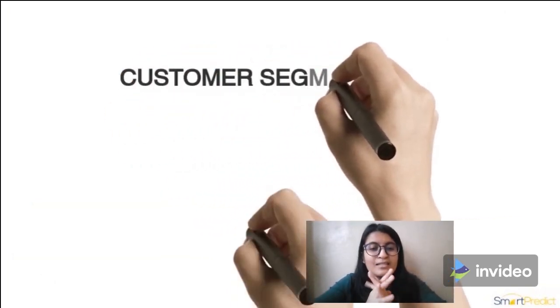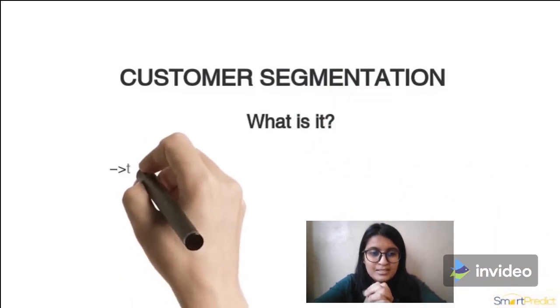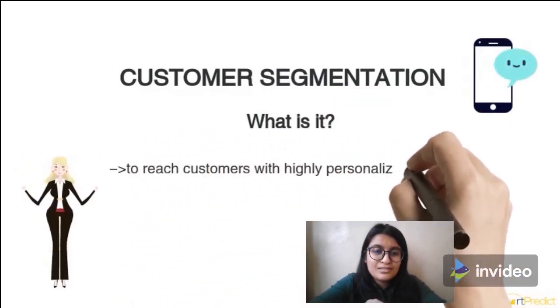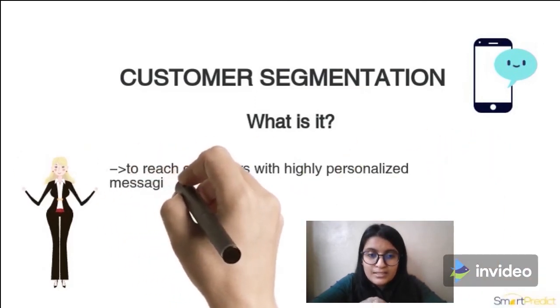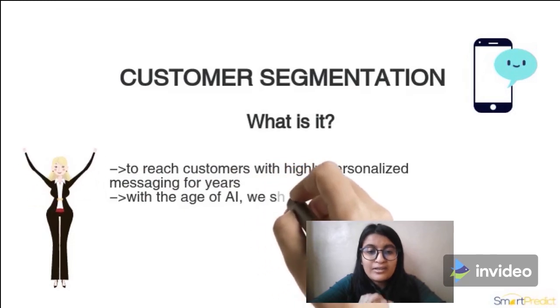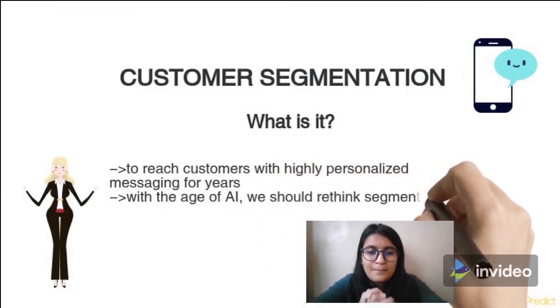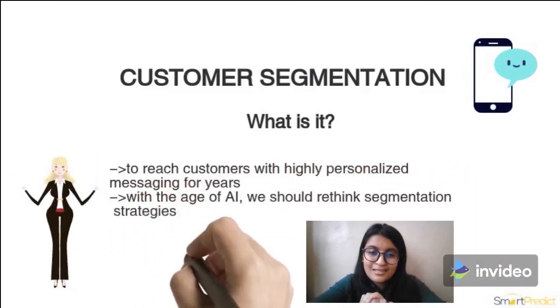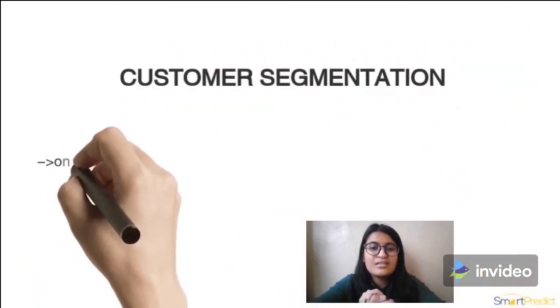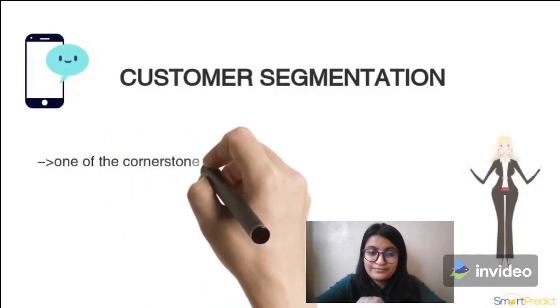Let's continue with the customer segmentation use case. To reach customers with highly personalized messaging, for years companies across industries have been analyzing target market segments. But with the age of artificial intelligence, we should rethink segmentation strategies and deliver actionable segmentations in a dynamic fashion.